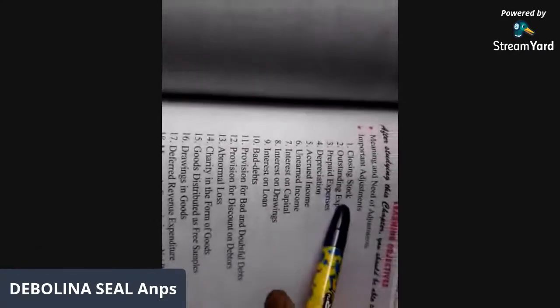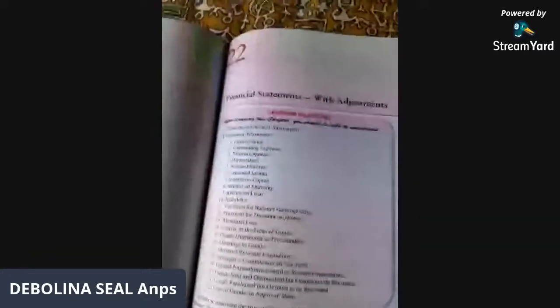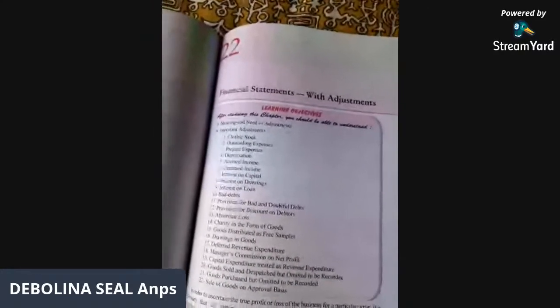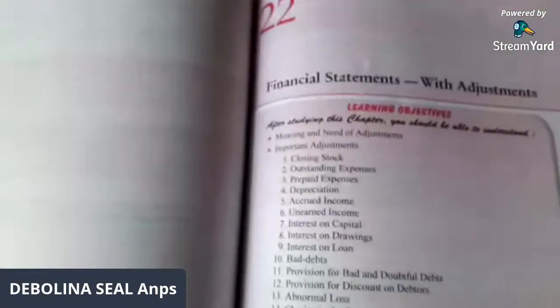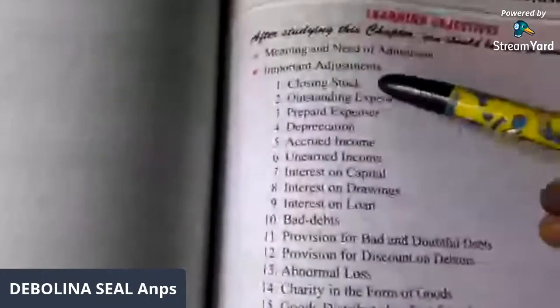What does adjustment mean? The word adjustment means that you are going to record these items twice.